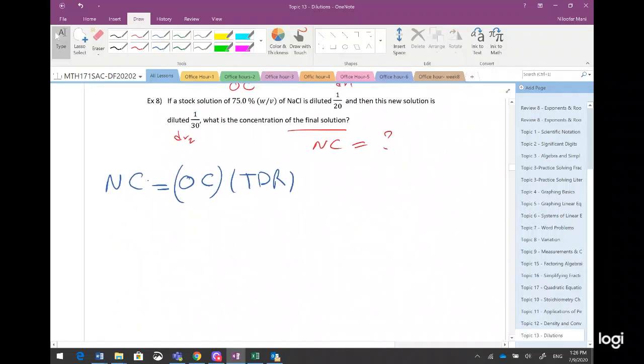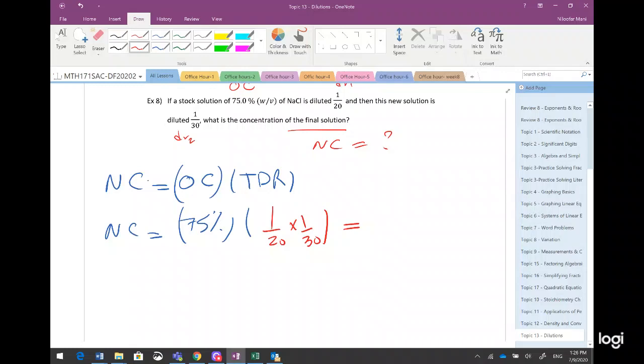New concentration is missing, old concentration is 75%. I can say 75% and then I have percent, or I can say 0.75 and then I have to change it to percentage. So this is multiplied by 1/20 multiplied by 1/30, which is 1/600. So I can find the answer: 0.75 divided by 600, which is 0.125%.